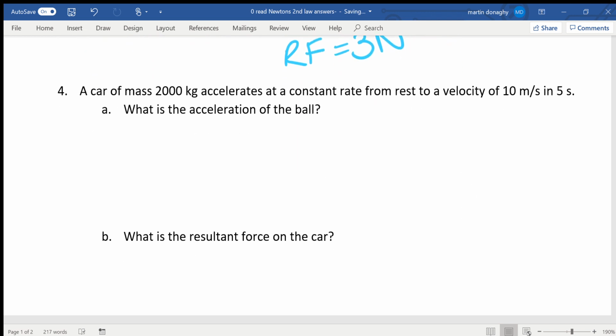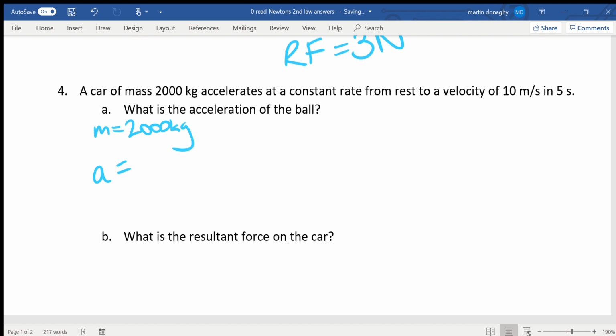Next one, a little bit trickier because it's harking back to some of the previous lessons. It says a car of mass 2,000 kilograms. So that's okay, we've got our mass in kilograms. Accelerates at a constant rate from rest to a velocity of 10 meters per second in 5 seconds. Now we're going to come across an equation that will allow us to work this out, but at this stage, we have to think back to what acceleration means.